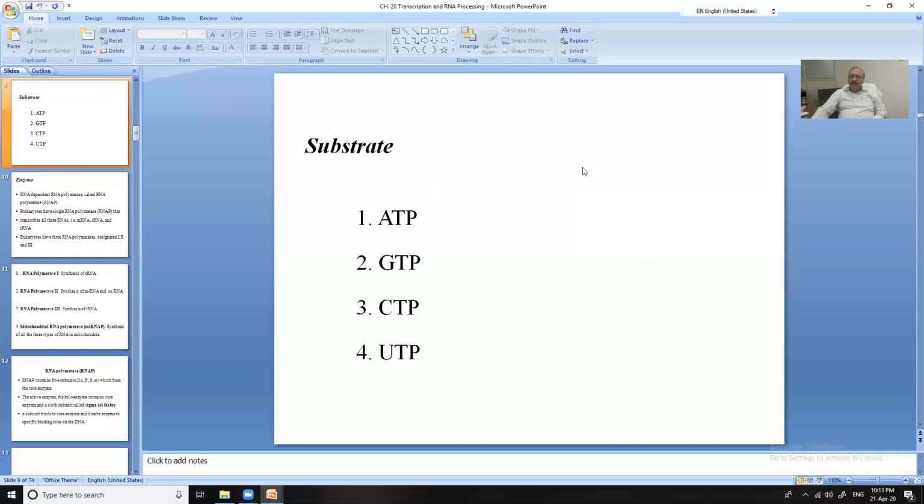In GTP, in place of adenine, guanine is there. In CTP, in place of adenine, there is cytosine, and in the UTP, in place of adenine, you will find the uracil molecule. So they are the high-energy molecules acting as the nucleotides of the RNA.